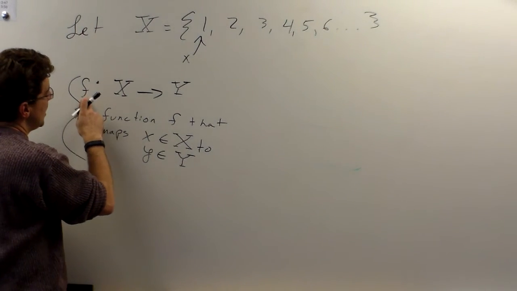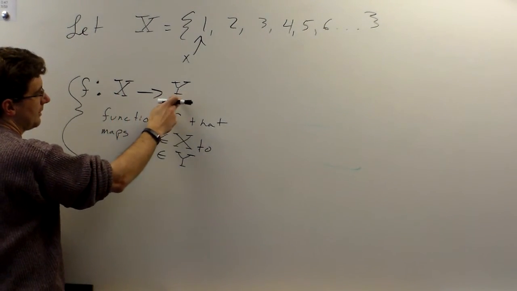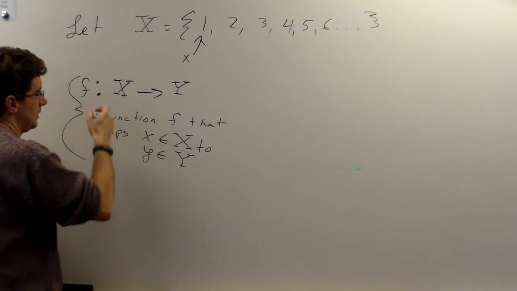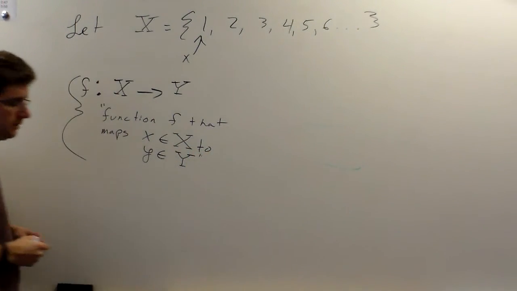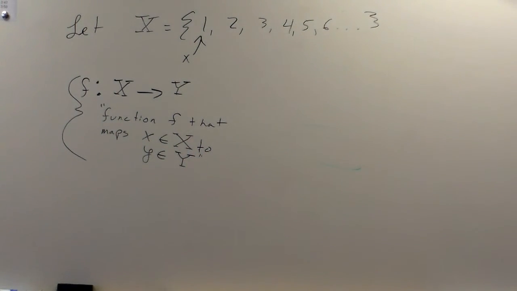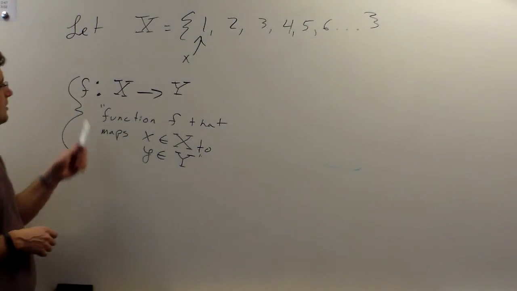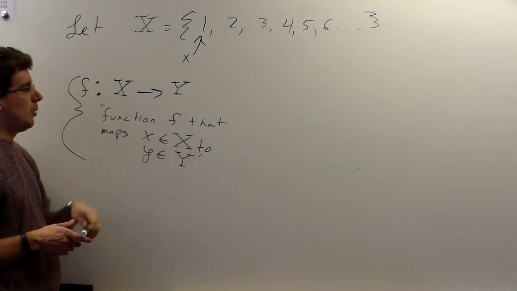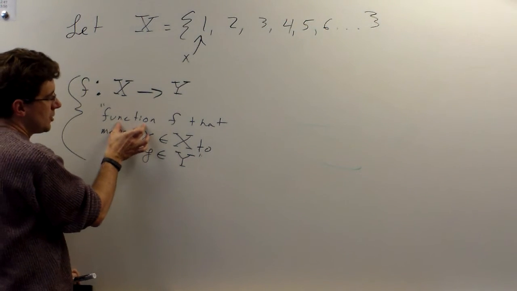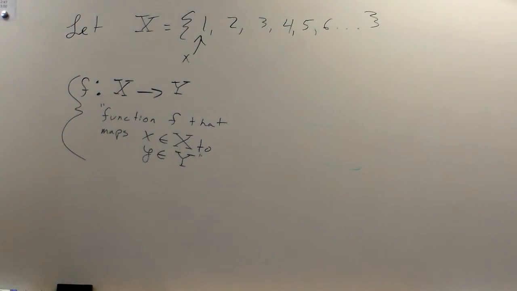Yep. So F colon capital X to capital Y. Now let's make sure we understand what this says, because this notation is starting to get a little gross. Can you read it? Yep. So F colon capital X to capital Y says there is a function f, some rule.